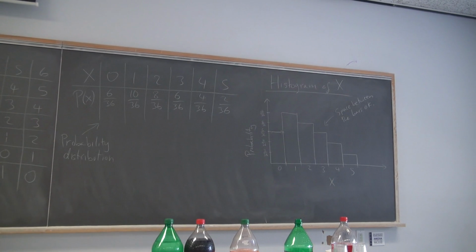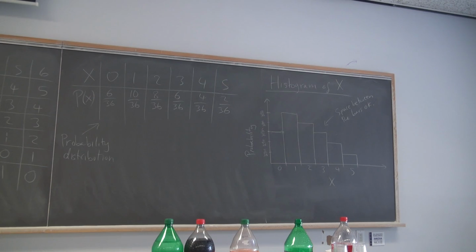What is the mean? So mu of x is just the expected value, which is just the sum of all the x times p of x.